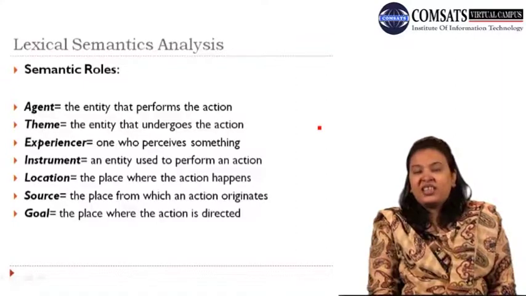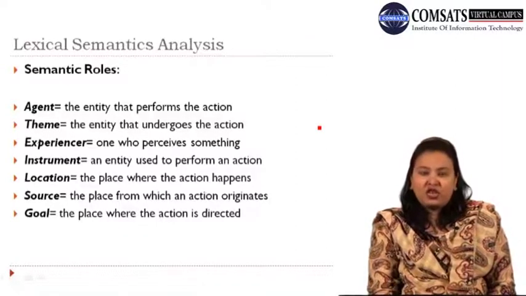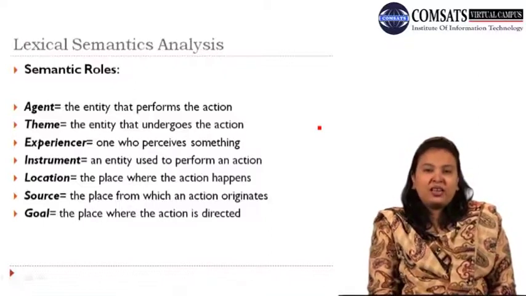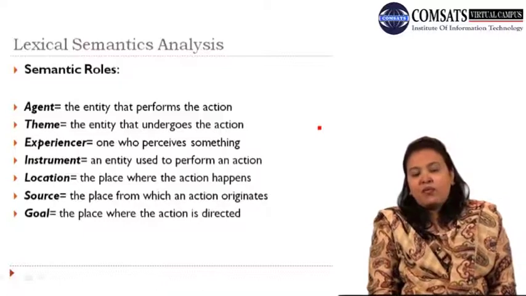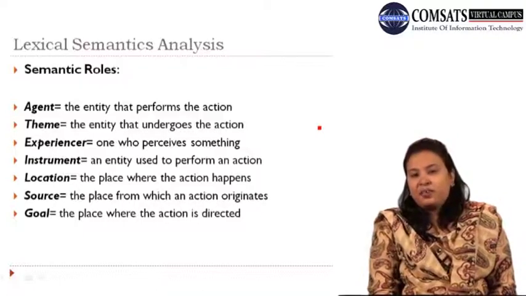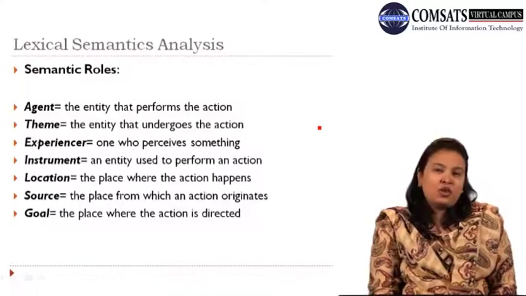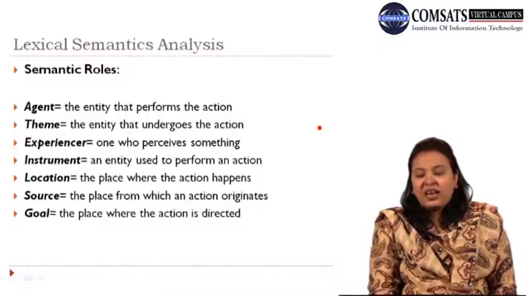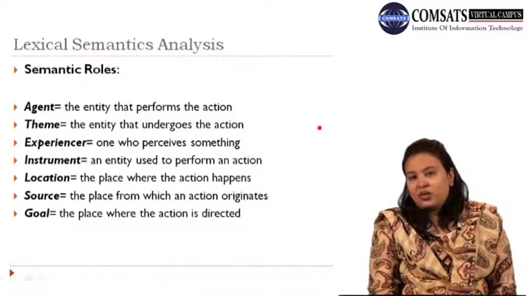Anything that describes the spatial place is known as the location, according to the semantic role. Source. Source is the place from which an action originates, from which an action starts. So this is the starting point, and goal is just the opposite of it. It is the ending point where an action ends, where an action is directed towards.